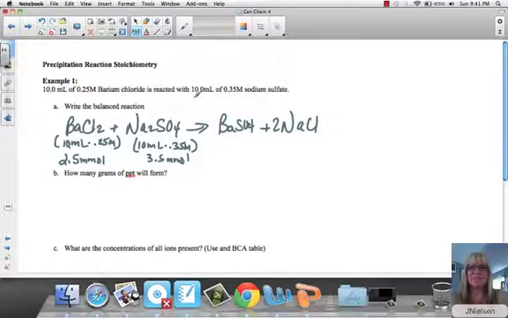So we are going to figure out how many grams of precipitate will form. Well, first of all, we have to basically figure out what our limiting reagent is. And in this case, I know what it is because these are at a 1-to-1 ratio and there's less of the barium chloride than there is the sodium sulfate.